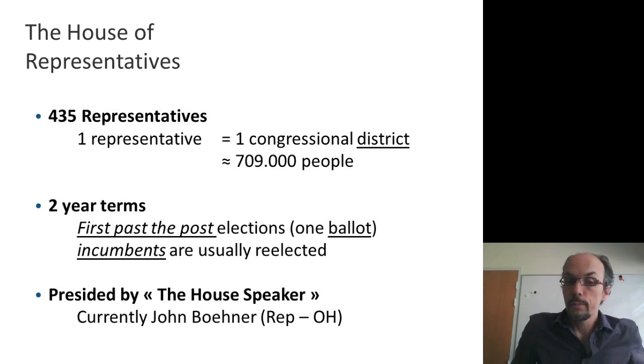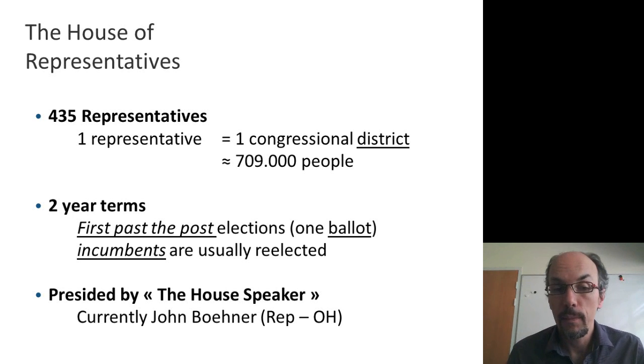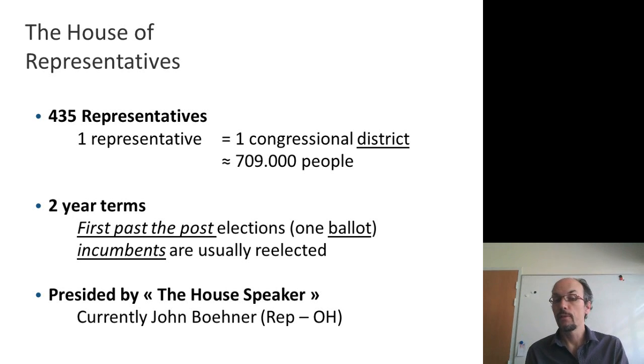Why is that important? It's important because 2 years is a very short period of time, which means that representatives would not have enough time to work if they did not know that they are likely to be re-elected. 435 representatives, and the leader of the House is called the House Speaker.